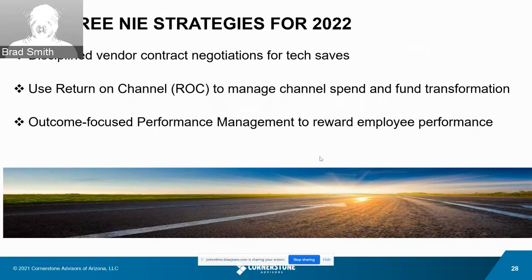So again, to wrap up, our recommended non-interest expense management strategies for 2022: vendor contract negotiations to find saves in your technology investments, particularly on renewals, and then be disciplined in how you use those saves to pour back into appropriate digital and other strategic technology investments.